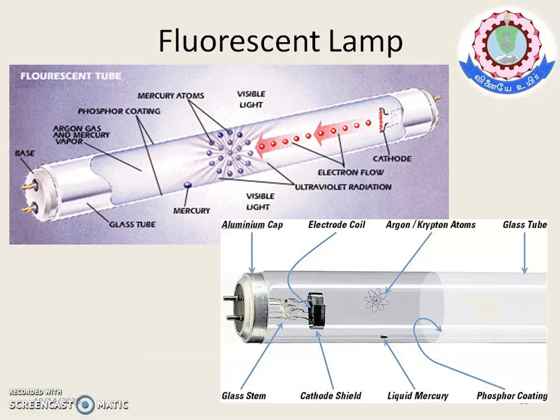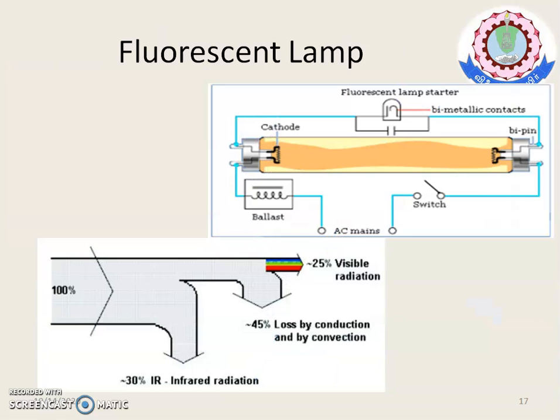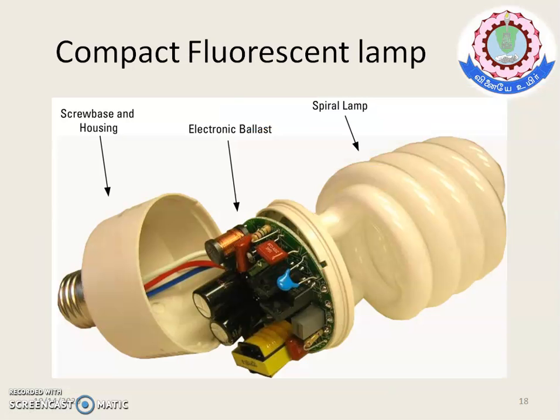Another is the fluorescent lamp, which you are already familiar with. Here, the fluorescent lamp energy breakdown is: of 100%, 30% becomes infrared radiation, 45% conduction and convection, and 20% is visible radiation. Compared to incandescent, it is somewhat better.